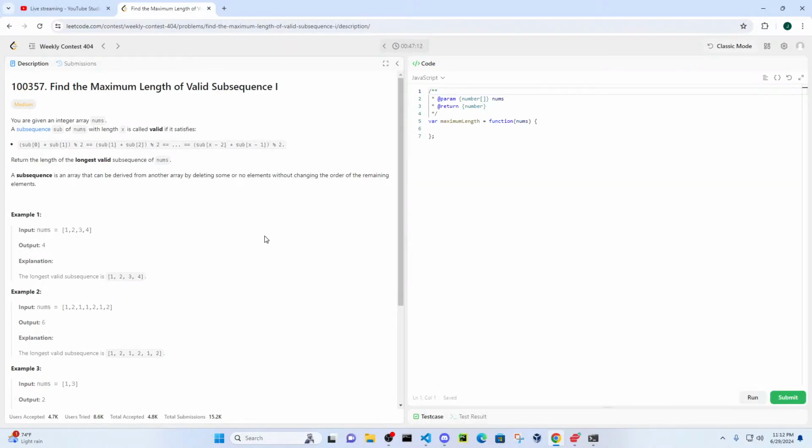You're given an array nums. A subsequence sub of nums with length x is called valid if it satisfies the condition.